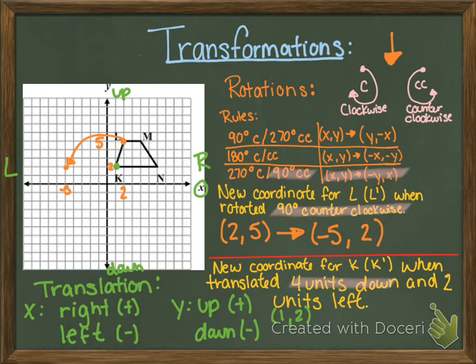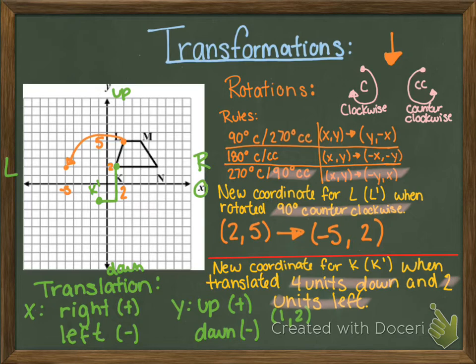So I'm literally going to draw that out. 1, 2, 3, 4. That's 4 units down. Now I'm not done. All I'm doing is that first piece. Now I need to move on to the second piece. That second piece says, and 2 units to the left. So as you can see, I wrote left and right down because I'm not very good with my left and right. So I'm going to go 2 units to the left. Since I'm done moving, that is my final spot. That is my new spot to be at, or K prime.